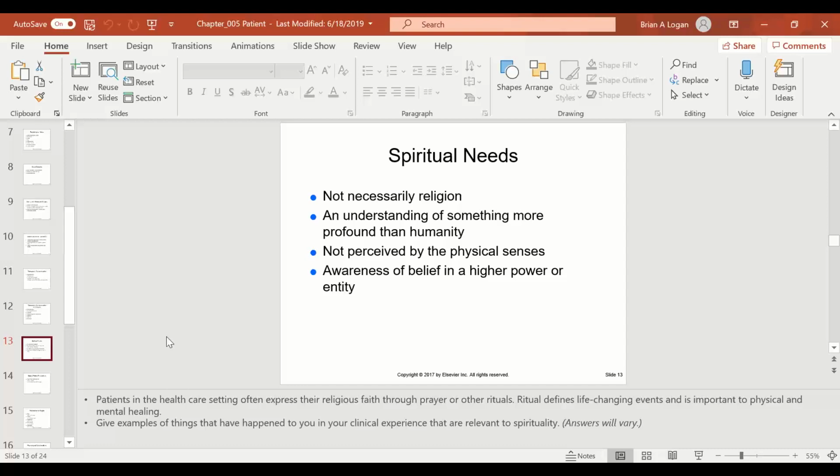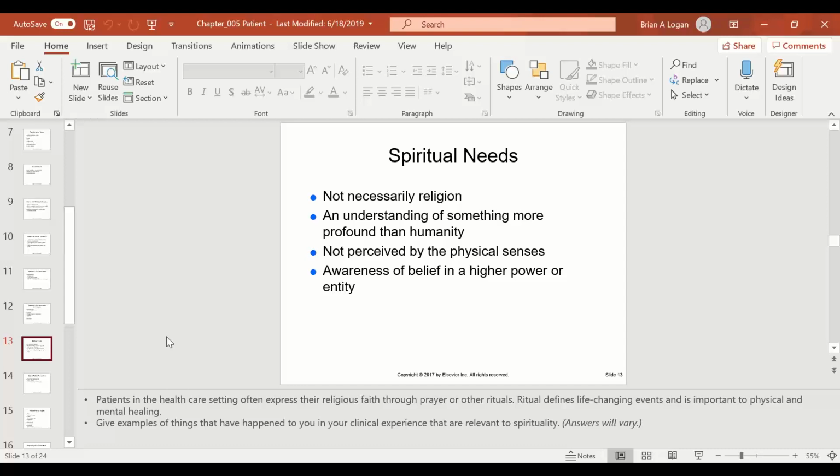A lot of them will have a bracelet on or something like that, letting healthcare staff know that they're Jehovah's Witness in case they come in unconscious. Some of them have a card in their wallet. But it's something we have to be aware of, so we're not accidentally doing that to that kind of patient.